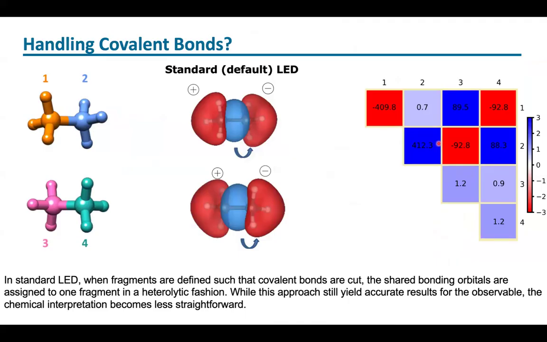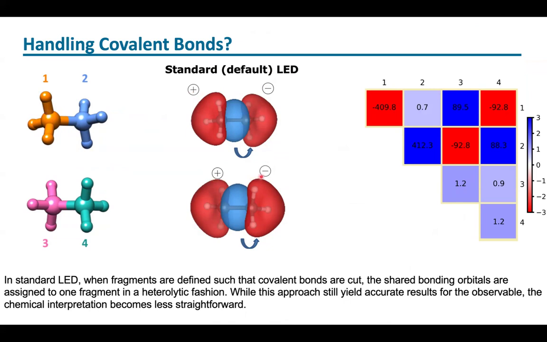So consider the interaction between two ethane molecules forming a dimer, where we define the four methyl groups as individual fragments. In the standard LED approach, the shared bonding orbitals between the fragments are assigned to one fragment in a heterolytic fashion, and this results clearly in charged fragments.